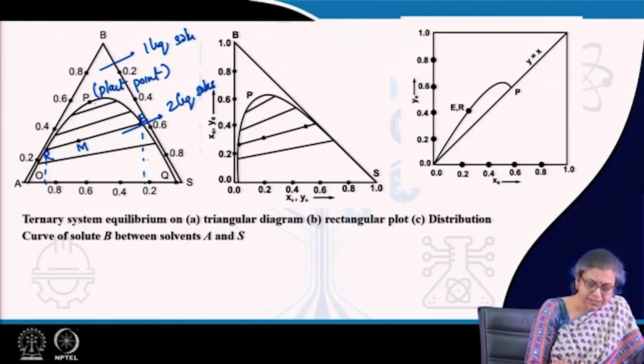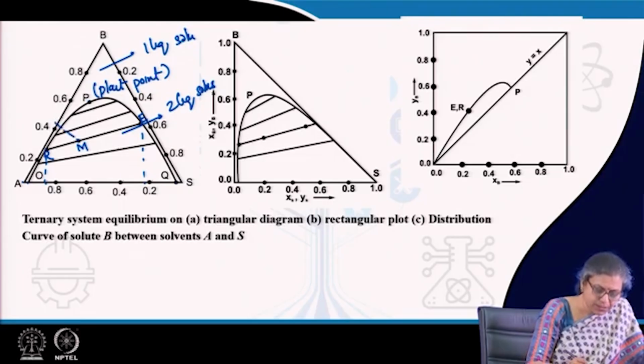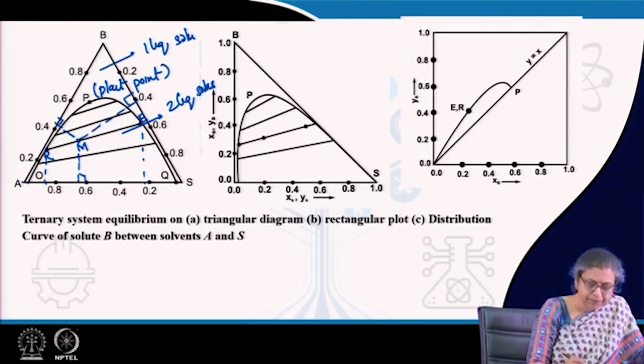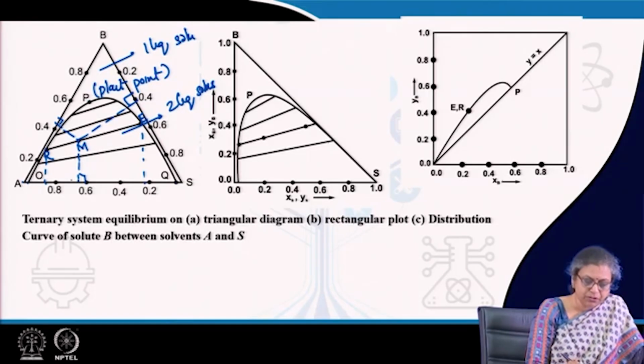Since this is an equilateral triangle, we know that if from this particular point we drop perpendiculars to the three sides, then the sum of these perpendiculars is equal to the altitude.